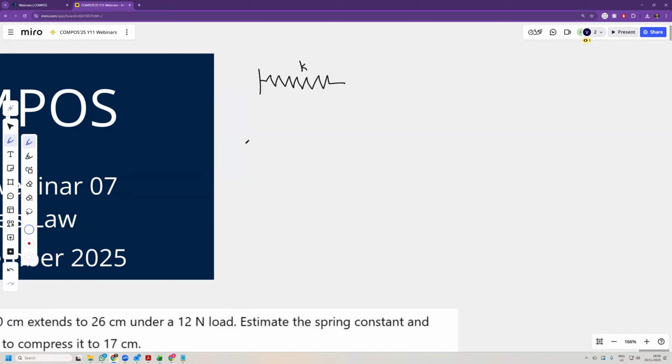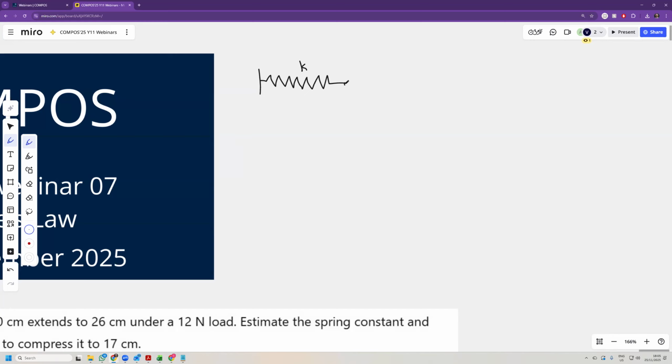That means you need 25 newtons to stretch it by 1 meter. But more often, springs have a spring constant of 400, 40,000, or 4,000, because you need a very large force to stretch a spring by 1 meter. You can imagine that.